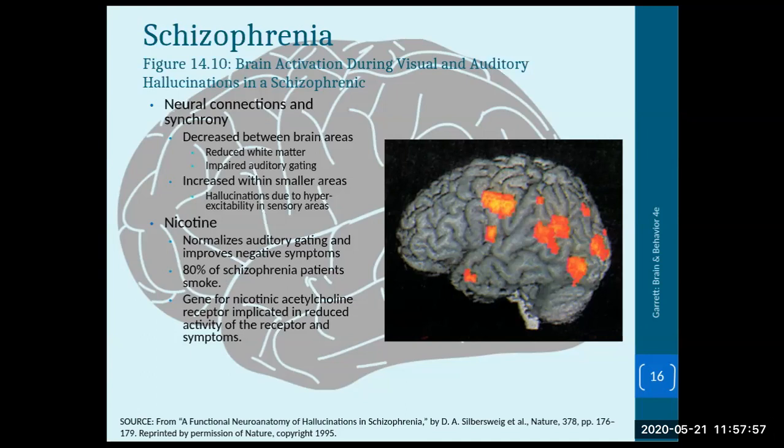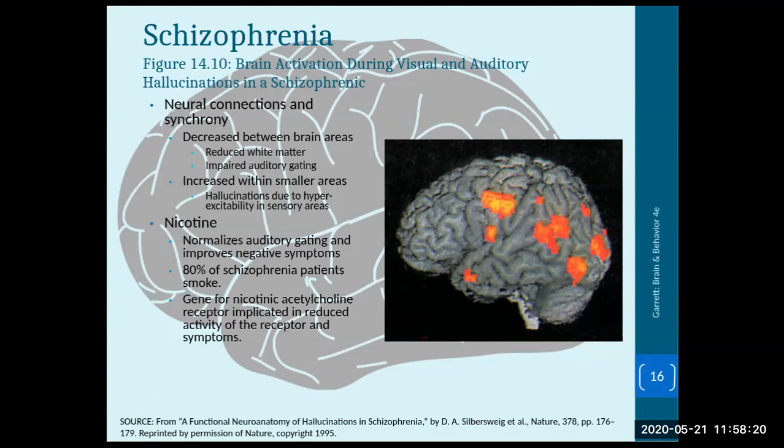A lot of people that are schizophrenic are smokers because the nicotine actually helps to maintain some of the symptoms. So it seems to normalize the auditory gating for some reason, and maybe reduce the amount of voices heard, and seems to improve the negative symptoms, which are the antisocial behavior, depressive-like symptoms, and things like that.